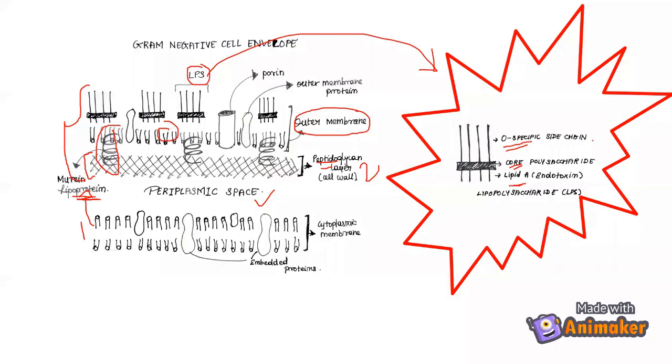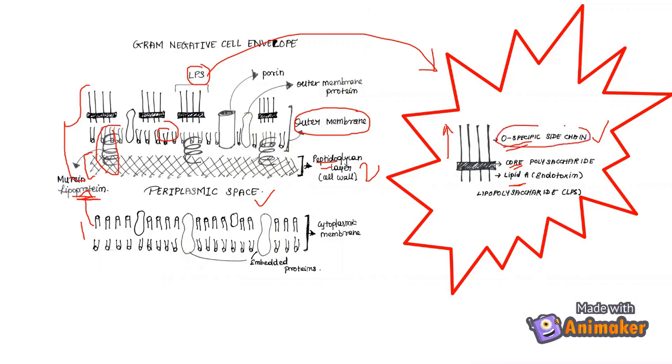Now, the O-specific side chains are outer carbohydrate chains of 1 to 50 oligosaccharide units that extend into the surrounding media. These differ from one organism to another and are antigenic determinants.